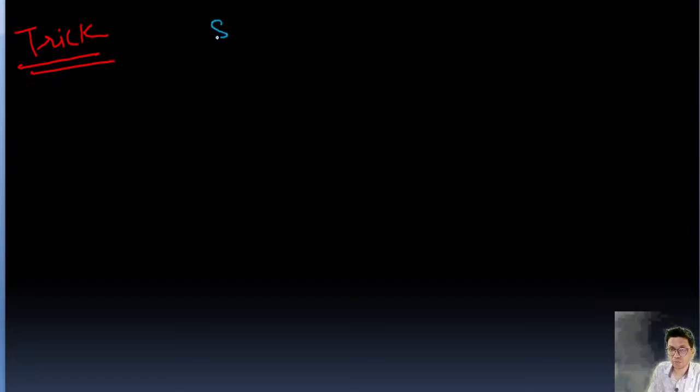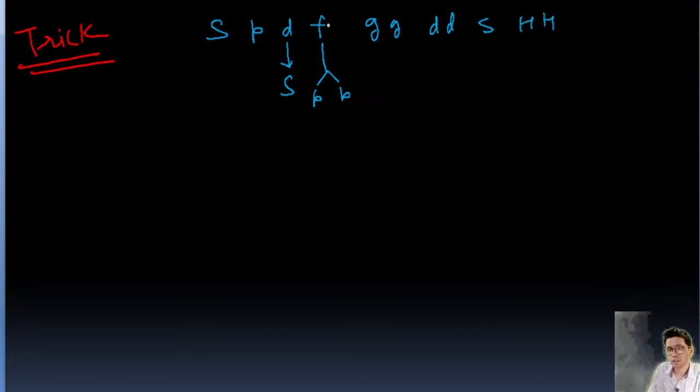Okay, so first we will write SPDF. Between D there would be S, and between F there would be P. First you need to know this. Then you can write G, G, D, D, S, H, H. At least you should know till this.